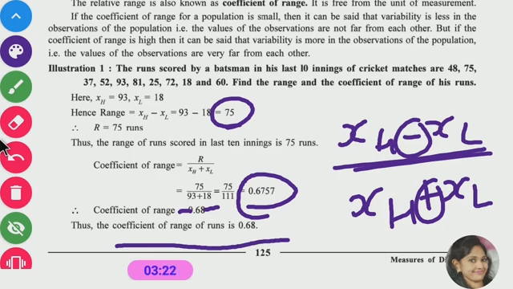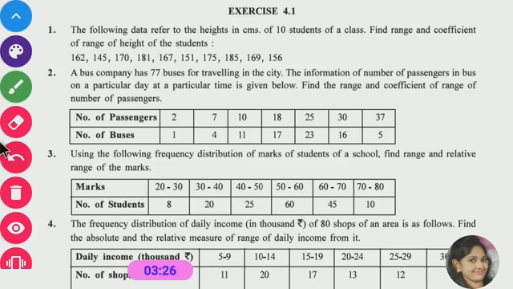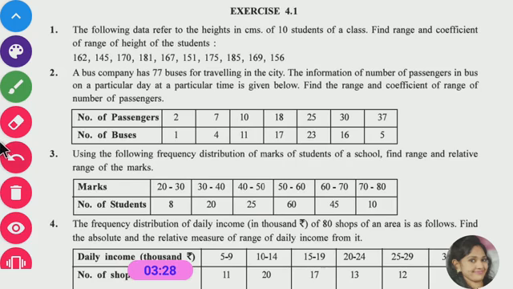In the same way you have to complete exercise sum 1. Here in exercise 4.1, the first sum is: the following data refer to the height in centimeters of 10 students of a class. Find range and coefficient of range of the height of the students. First of all you will find XH, the highest value of x, that is 185, right?